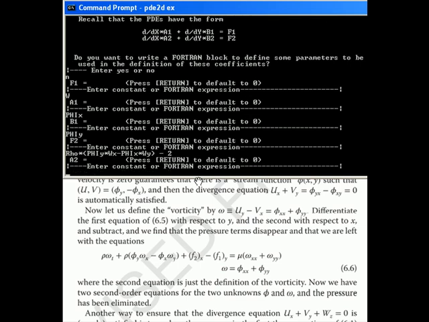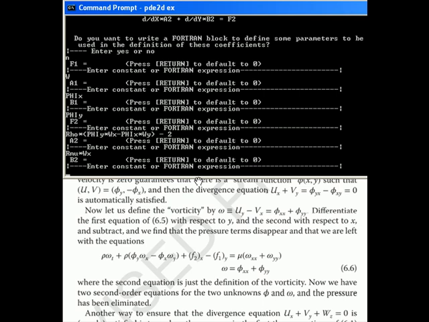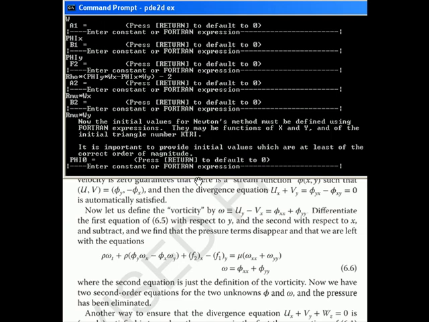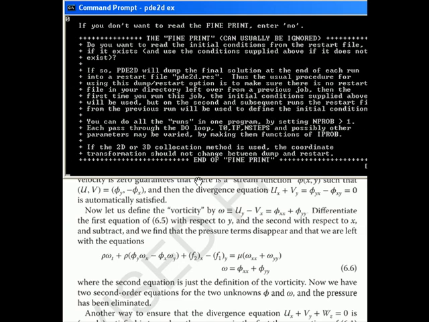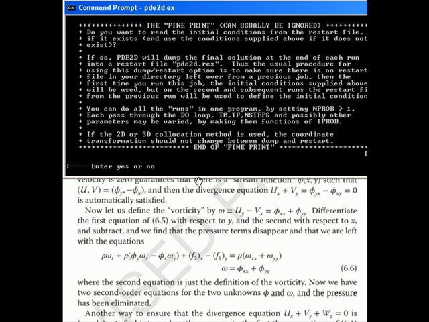And mu times Wx, derivative with respect to x, plus derivative with respect to y of mu times Wy, and that's our partial differential equations, and hopefully 0 initial conditions will be enough to make this converge.